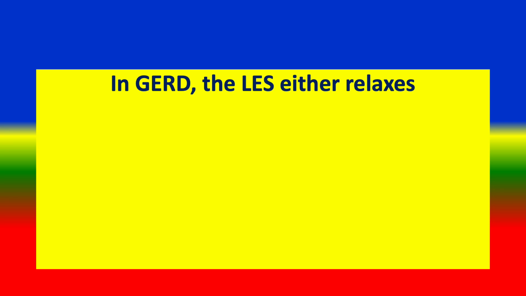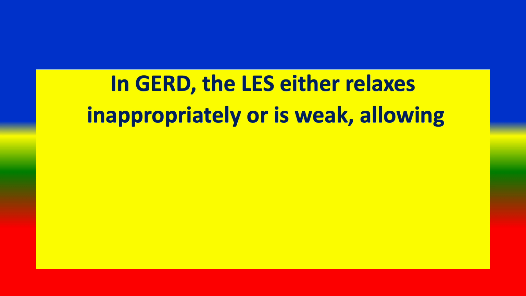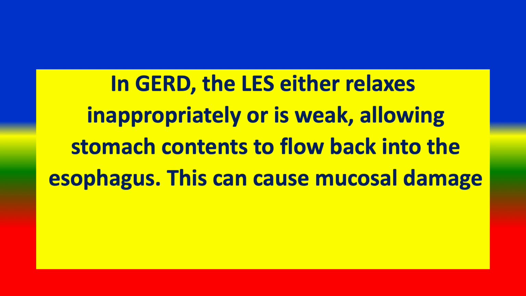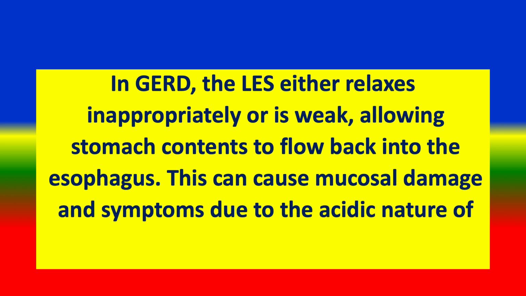In GERD, the sphincter either relaxes inappropriately or is weak, allowing stomach contents to flow back into the esophagus. This can cause mucosal damage and symptoms due to the acid nature of gastric contents.